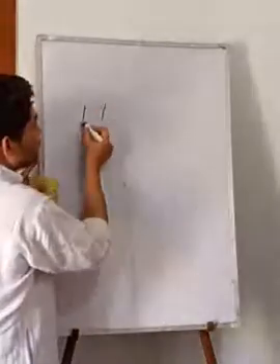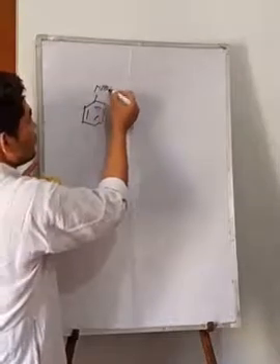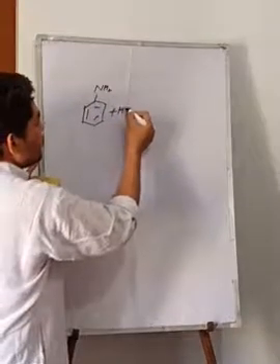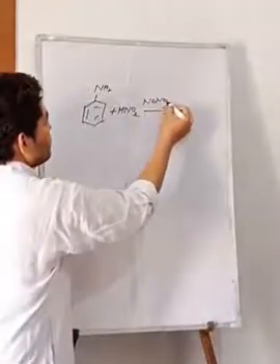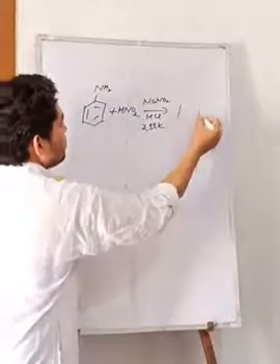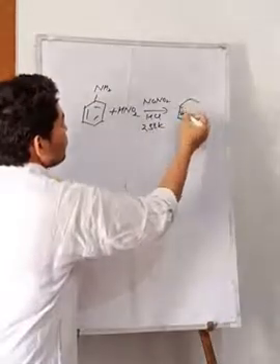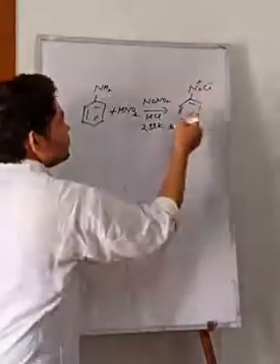When aniline is treated with nitrous acid, sodium nitrite and HCl at low temperature, there is the formation of the diazonium salt known as benzene diazonium chloride.